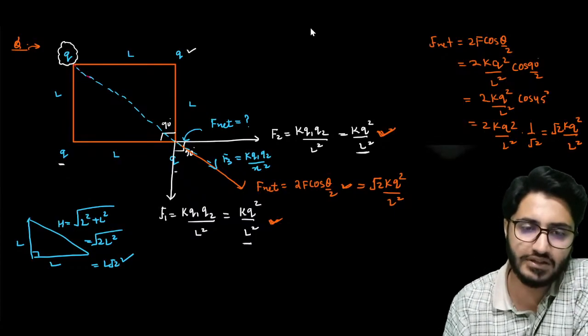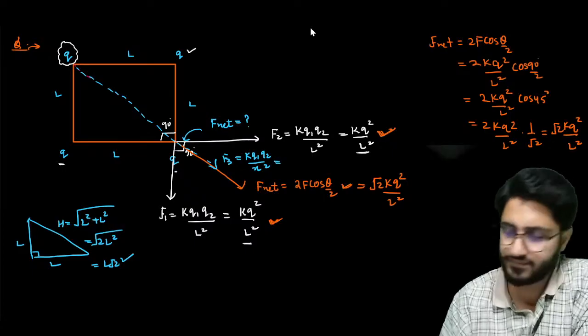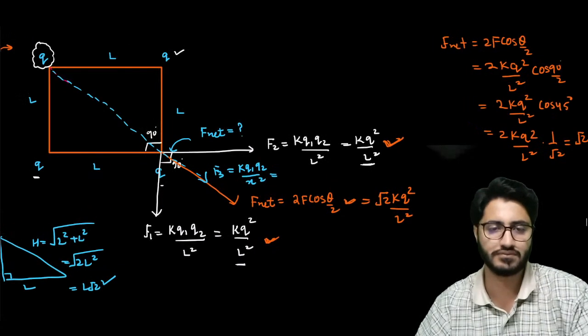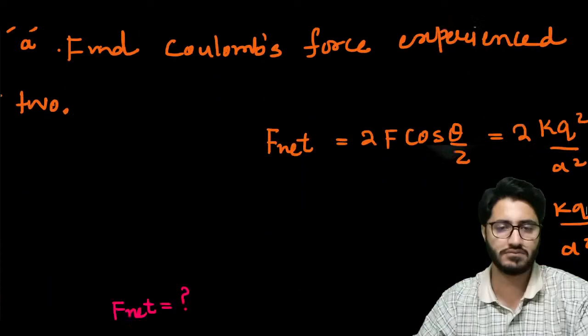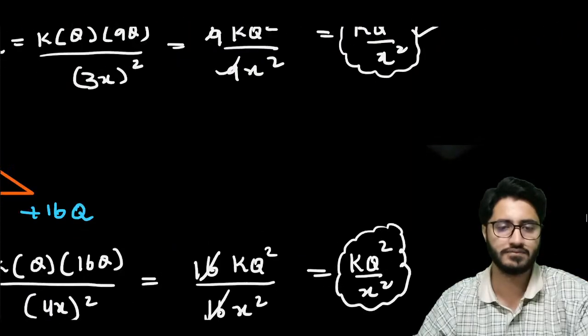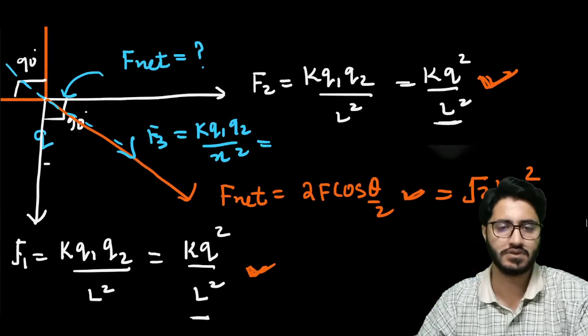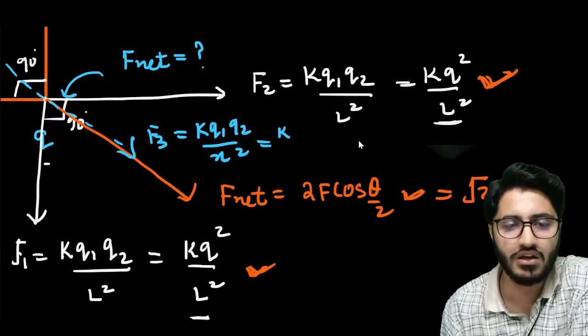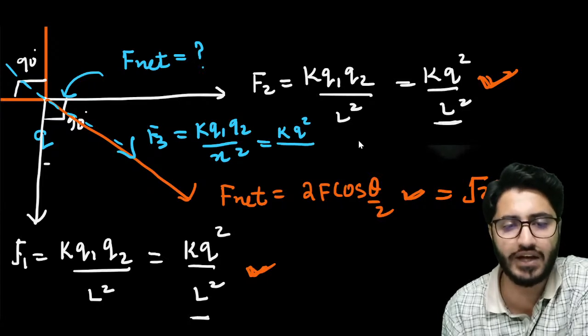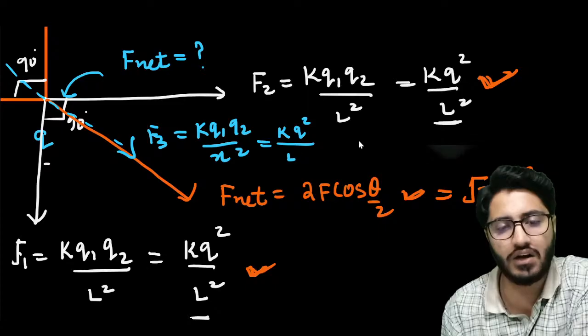That means I can write here K Q square whole divided by, in place of X square, L root 2 square.